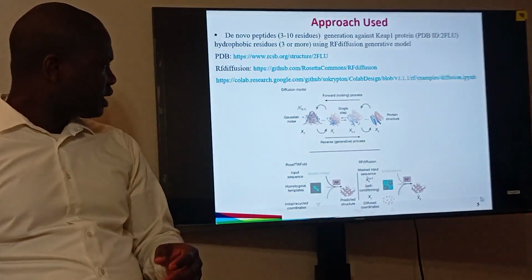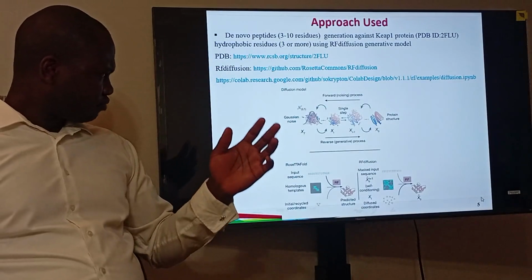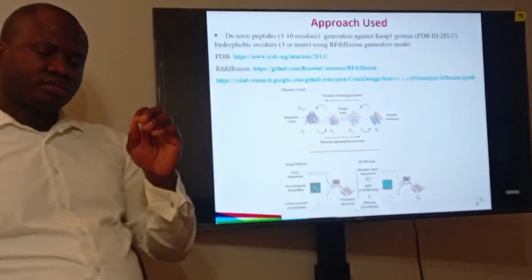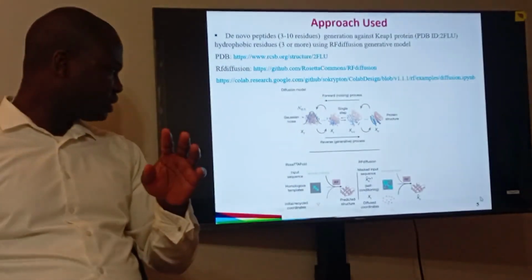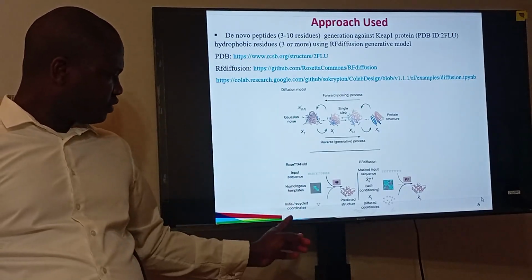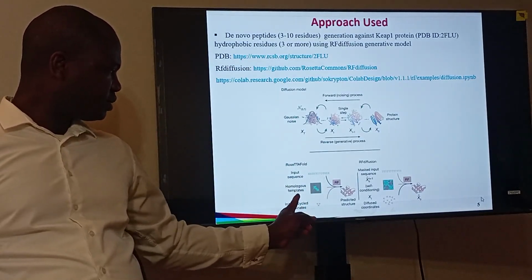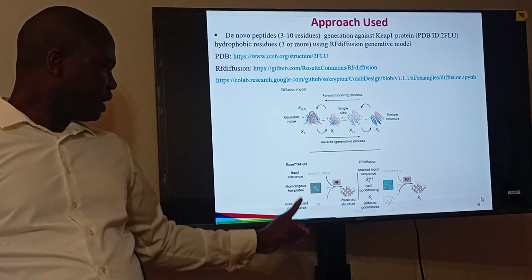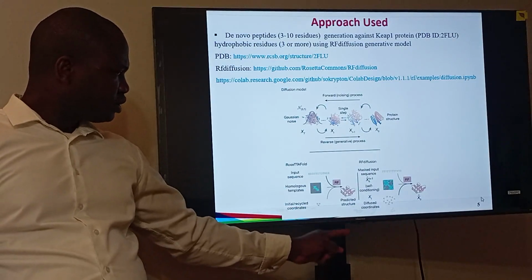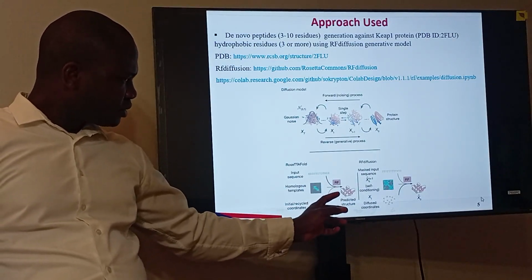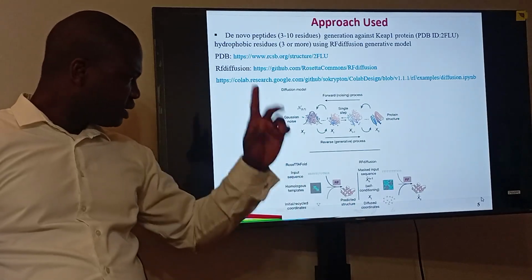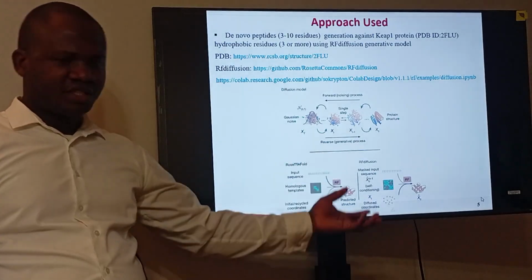Okay, so if you look at it, we have the generation step. It starts by suggesting a particular sequence, that is RoseTTAFold. In RoseTTAFold, we have input of sequence, homologous templates, and then prediction of structure. But in RF diffusion, it is obtained from the given coordinates, so it generates the sequence that can fit into those coordinates.